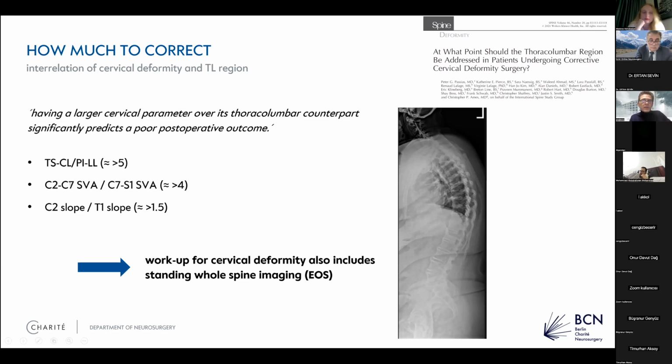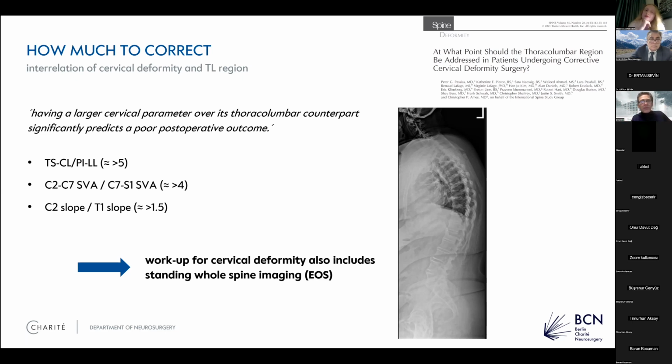Number one, if you are aiming for harmony in your spine, you have to understand what's the driver, and you have to do the EOS or the overall spine, and then you will end up with some kind of measurements. You will aim at normalizing the plumb line of C2 and C7, bringing the head back.